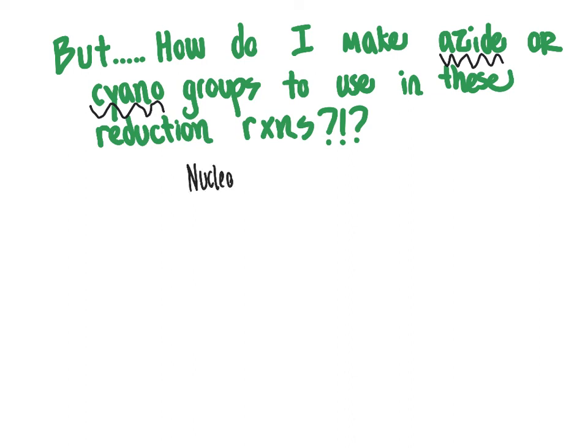Specifically, the SN2 reaction with an alkyl halide was a common way to go about introducing azide groups and cyano groups into molecules. So let's just do a quick reminder of that nucleophilic substitution, specifically SN2, the type of mechanism where the nucleophile comes in and attacks at the same time the leaving group leaves.